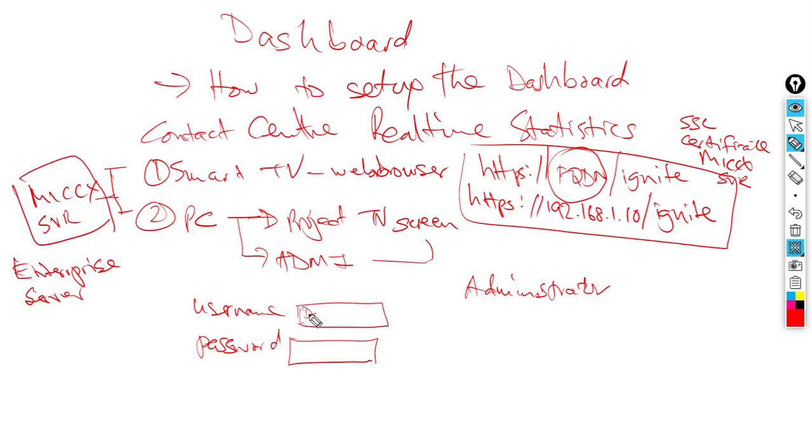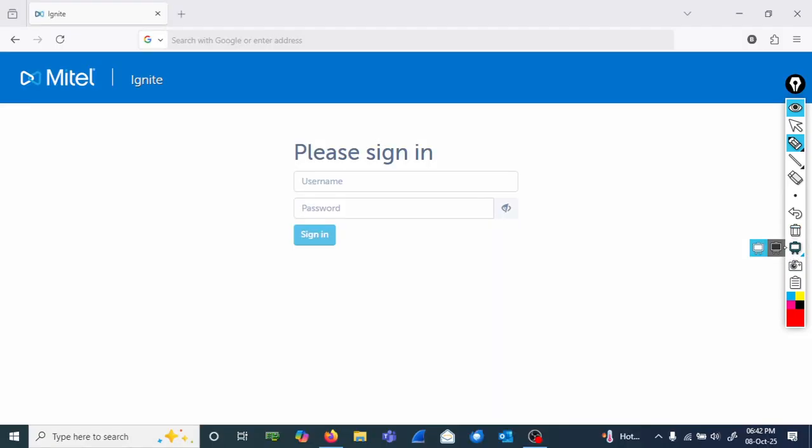So probably the username will be dashboard, and probably the password will be password, just for simplicity. So let us go ahead and configure that and demonstrate how to do that.